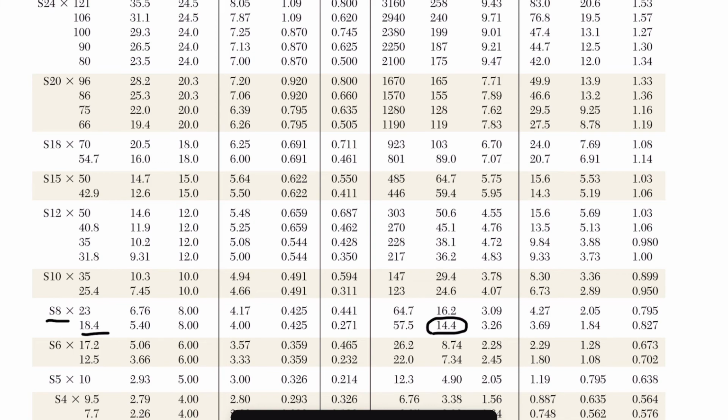So what was given in it is S12 by 35. So you can see S12 by 35. Here if you move in this direction, you can see that this is the value 38.1 cubic inch.